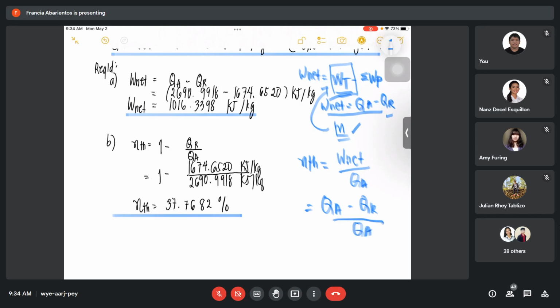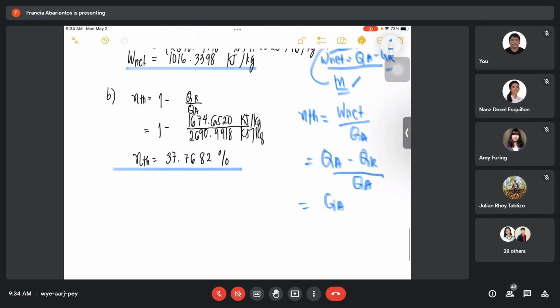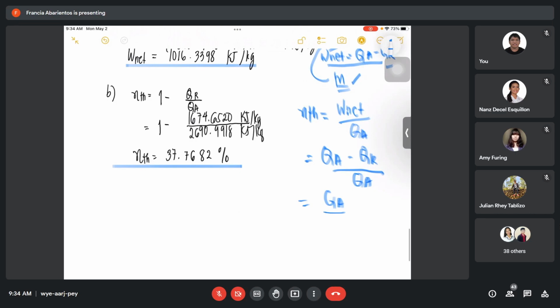So, QA over QA minus QR over QA. So, the thermal efficiency can now be expressed as 1 minus the heat rejected over QA. So, this is now the thermal efficiency in a regenerative Rankine cycle. Ma'am derived it so you can see.